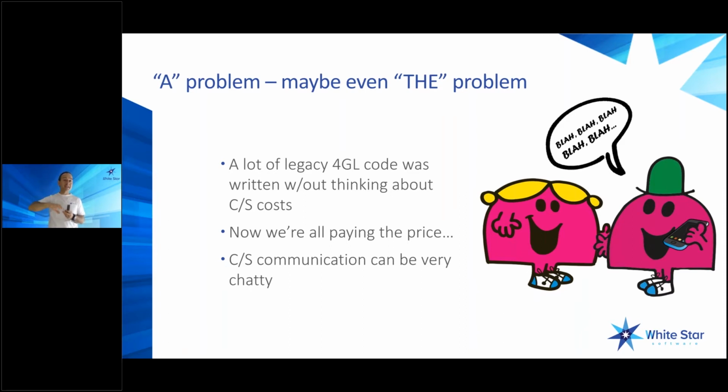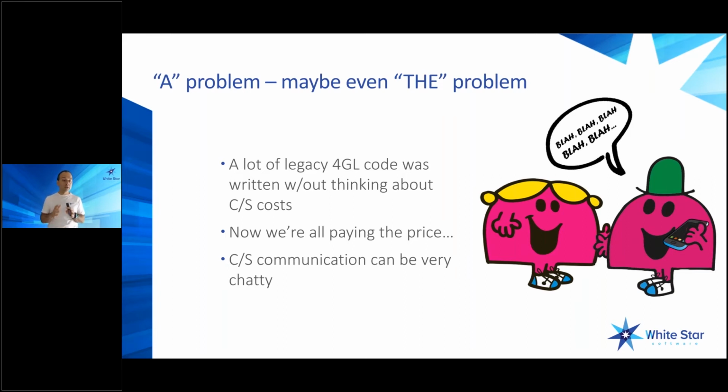And as client server takes over more, as we separate the business logic from the application logic, we're realizing that reaching across the network to grab the entire record, or to grab 4,000 records when we only need one field in one record, is maybe not the best way to do things, and we're paying that price.